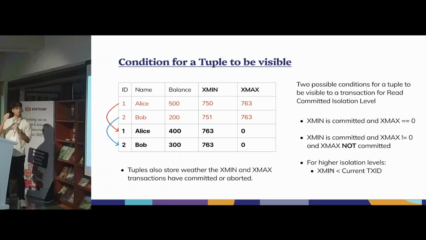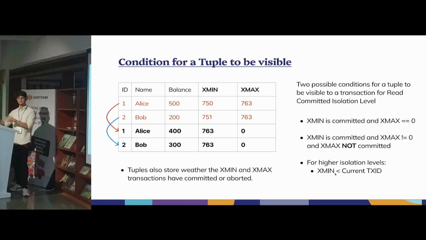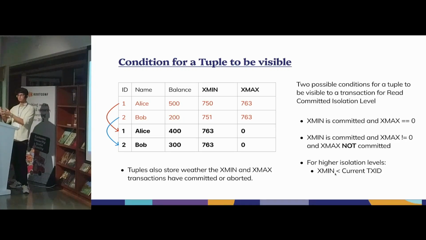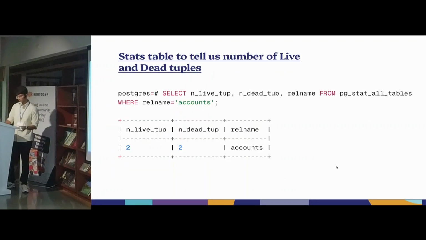For the transaction to not see any incoming data, the condition is that the tuple's xmin value should be less than the current transaction ID. That means the transaction is only seeing the tuples that were inserted before it ran. And this condition only applies to higher isolation levels, right?